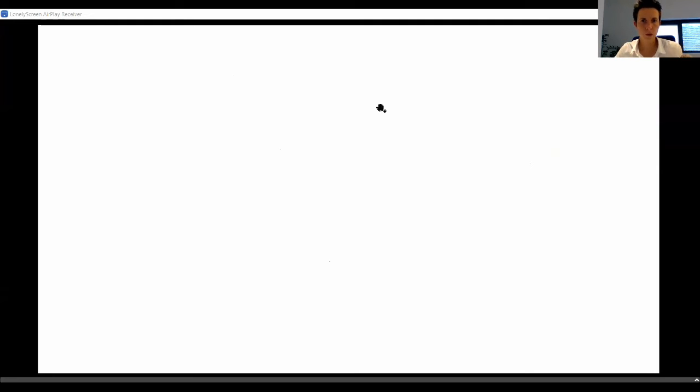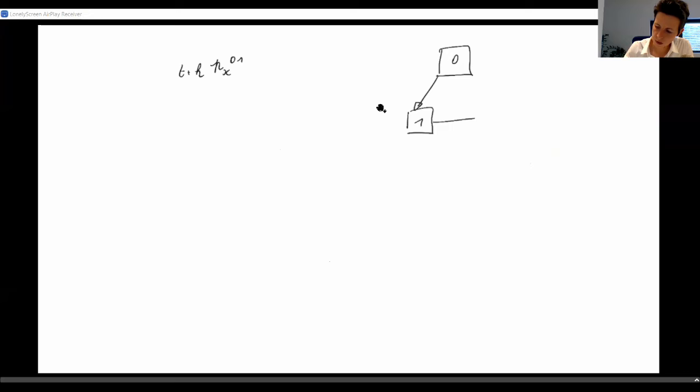So what can I see here? I want to start with looking at t plus h p_x^{01}. And I'm going to look at the permanent disability model, where I have transitions like this. Okay, so that's the multi-state model that I want to consider.